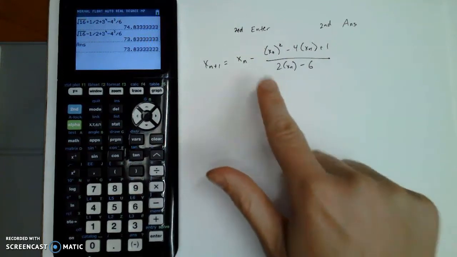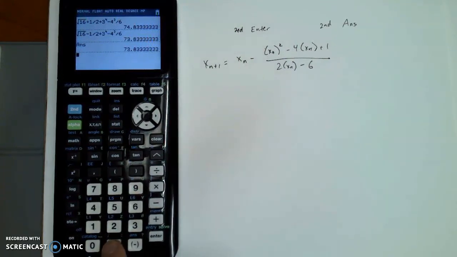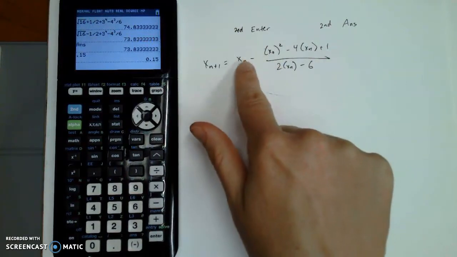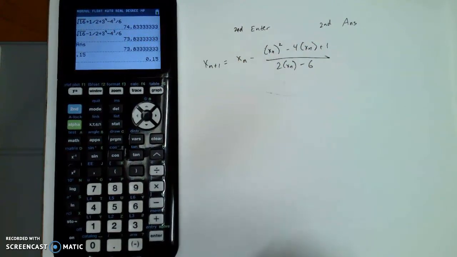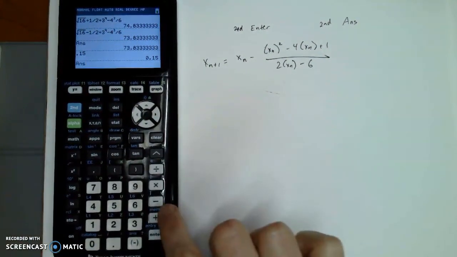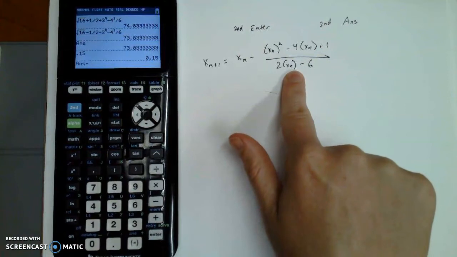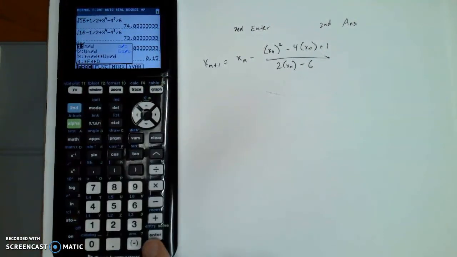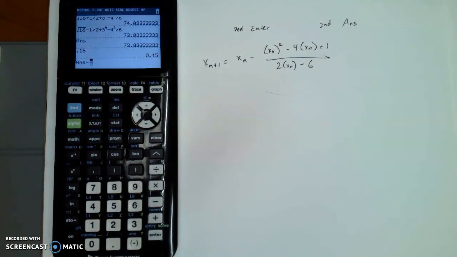So what I tell students, that first iteration, let's say my first iteration is 0.15, I'm just going to type that in. And then let's type in that whole hideous thing, but everywhere I see that little x sub n, I'm going to use that answer. So I'm going to hit second answer, minus, to do a fraction, I'm going to hit alpha y1 to get my menu, select that first option.